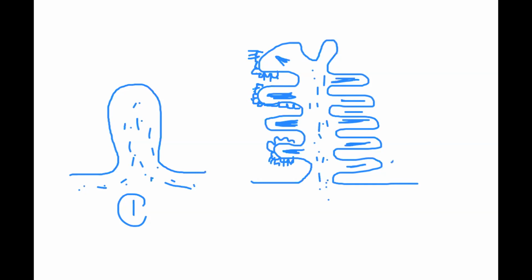So this is the second folding. The first one is called the plica circularis. The second one is called the villi. The third one is called the microvilli, which is the surface cell membrane folding. So 3 levels of folding. Did we get it? Are we good? Okay.